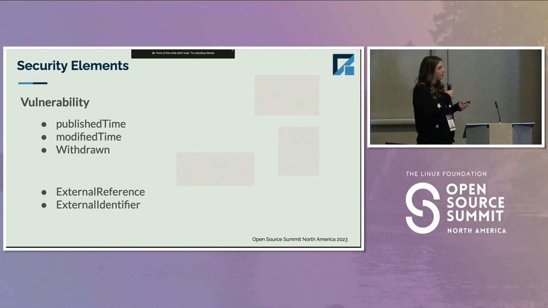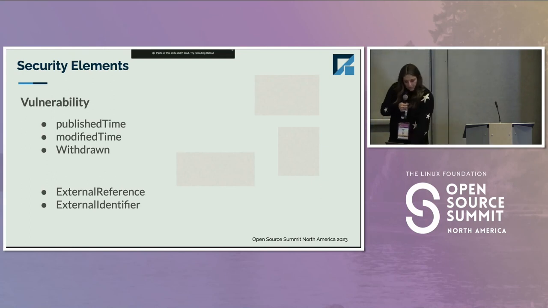These are all optional. You don't need to include them, but it's metadata that you can include about a vulnerability. A vulnerability might also have an external reference or an external identifier, and it may have one or more of these things. So we'll go over an example of what that looks like.